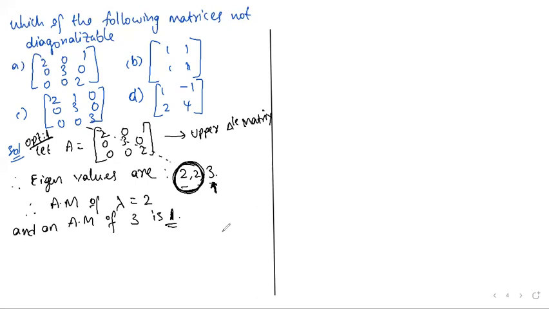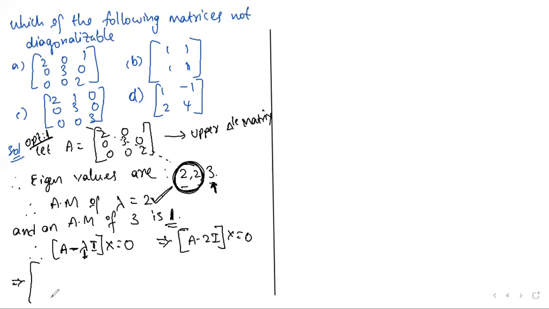Now we can calculate the eigenvector associated with 2. For this, we have to write the characteristic equation (A minus lambda I) x equal to 0. Lambda means 2. We subtract lambda from the given matrix 2, 0, 1, 0, 3, 0, 0, 0, 2. We get (A minus 2I) x equal to 0.